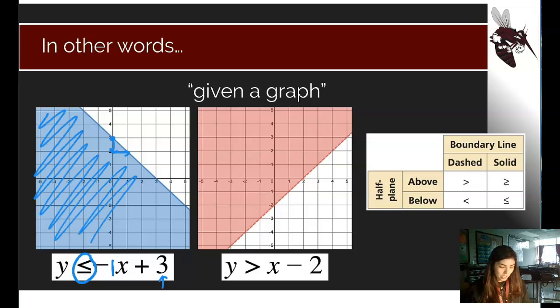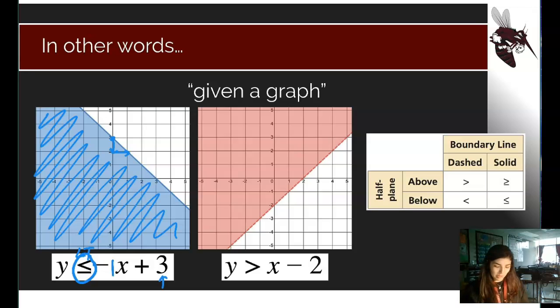Anything in the shaded region is considered a solution. So we need everything that is below or less than that line, including the line itself, because the line is solid, which means it works. That's where the or equal to part comes in. When you have a solid line, it has the line underneath it, and if it's underneath, it's less than.